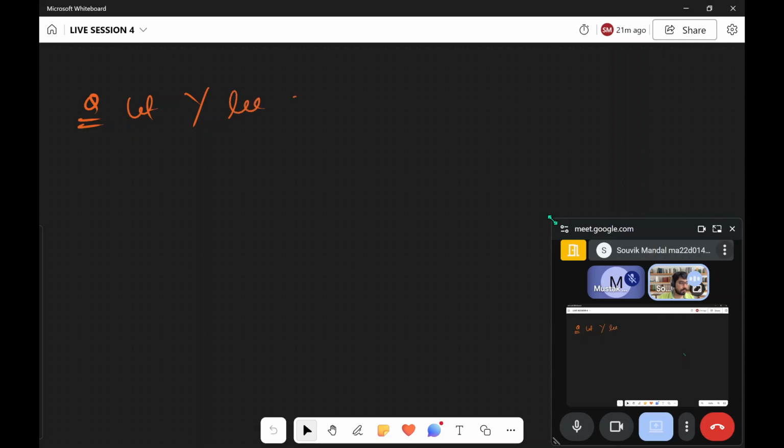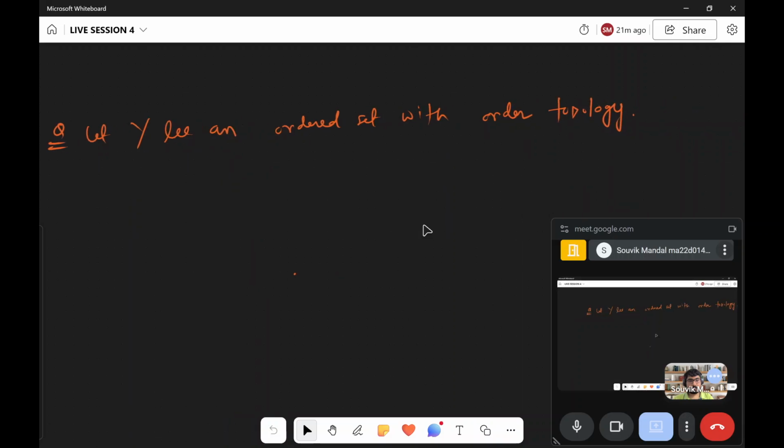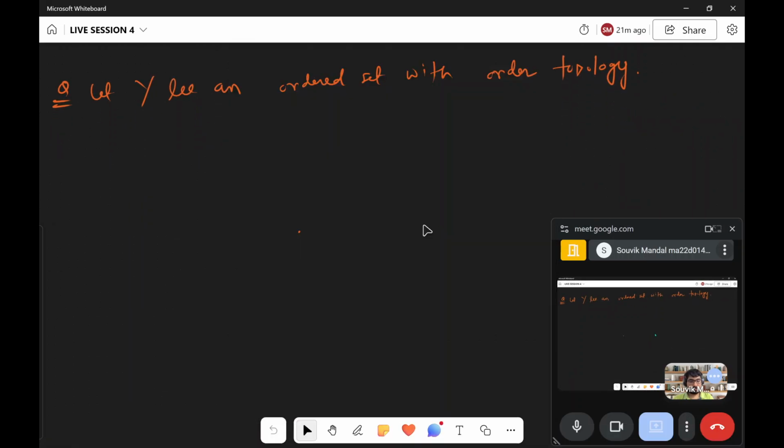Let Y be an ordered set with the order topology, and suppose two functions f and g from X to Y are continuous.